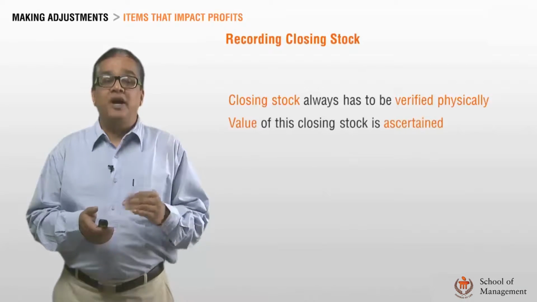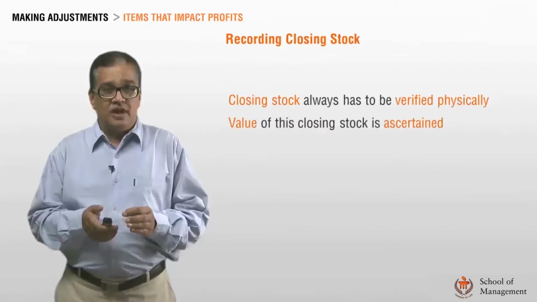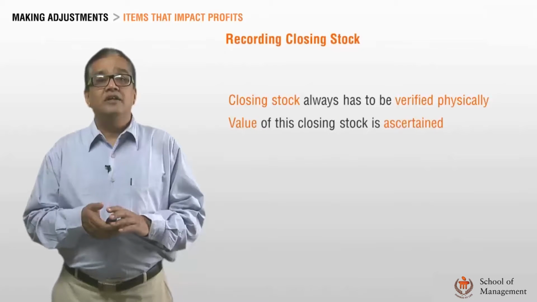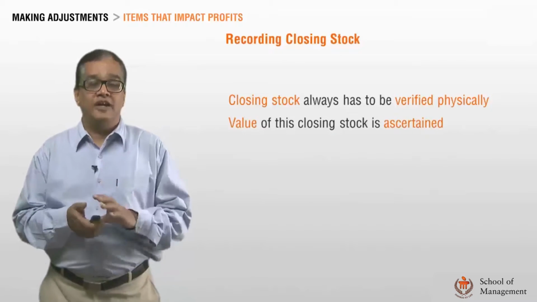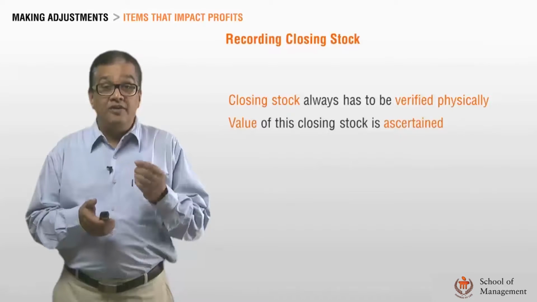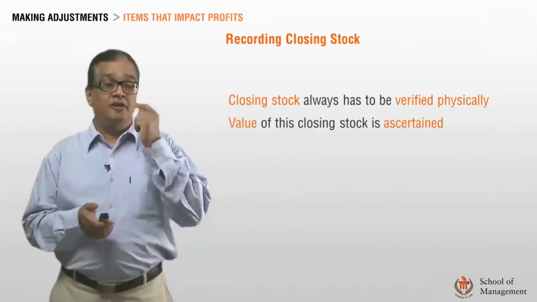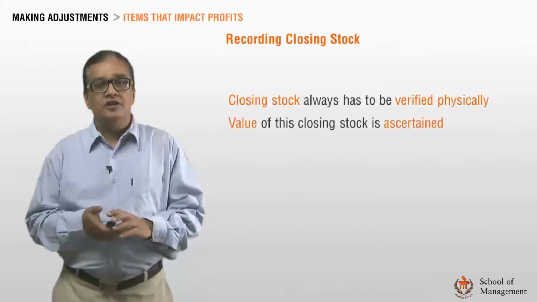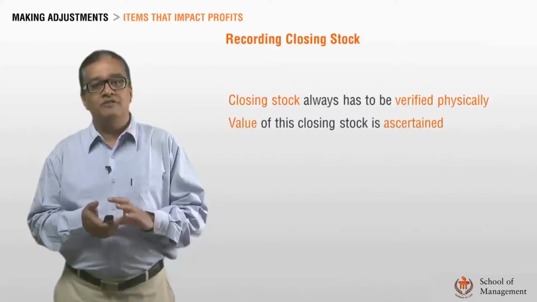But despite the stock register, every business after a particular period ascertains what is the closing stock physically. And then the value of this closing stock also has to be ascertained. Here, of course, in our example, the value of closing stock is rupees 2,500.